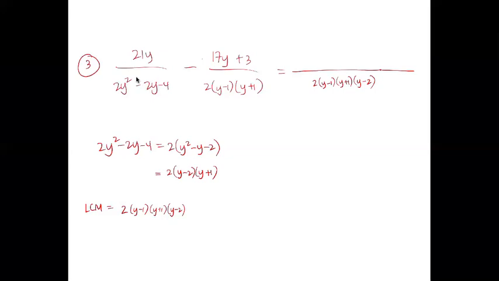And then for this one, we already have 2, y minus 2, and y plus 1. So we are missing y minus 1 in here.